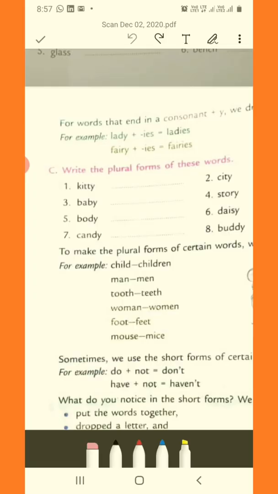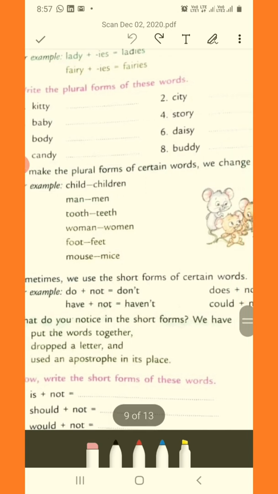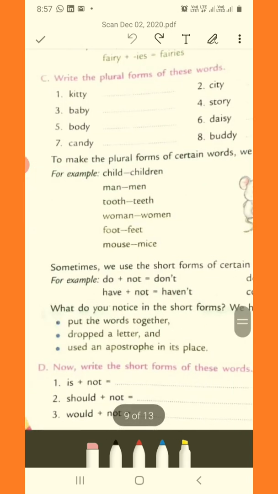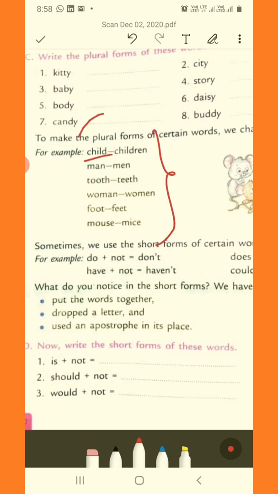And we have more. To make the plural form of certain words, we change some letters. Like child, you cannot say childs, it's children. I want you to know them, learn them by heart if possible. Child, children.